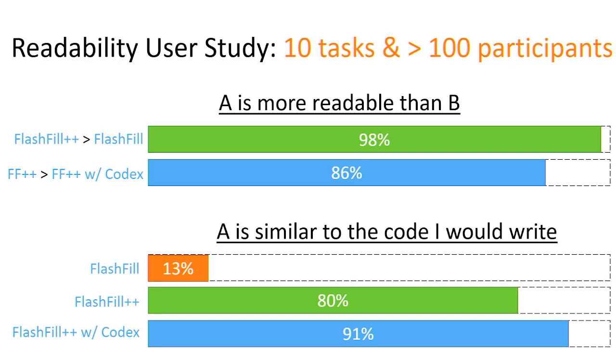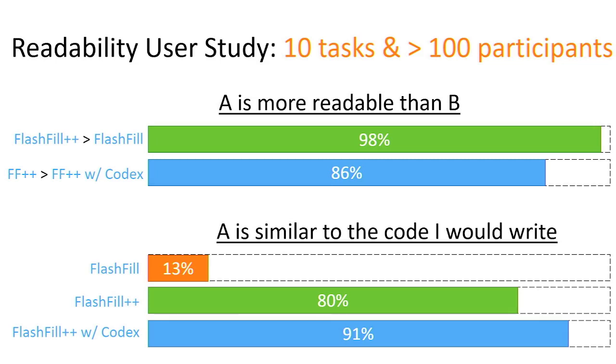So we took these three things: FlashFill, FlashFill++, and FlashFill++ with renaming, and did a user study, right? And 98% of the people agreed that FlashFill++ was way more readable than FlashFill. I don't know what the other 2% were thinking. I think they're wrong. And about 86% said that variable renaming is helpful, right?